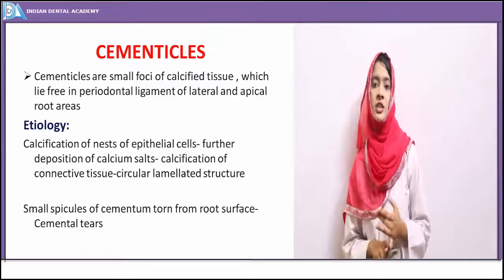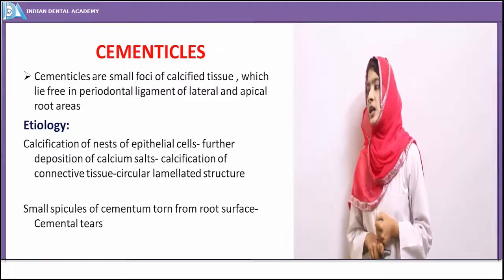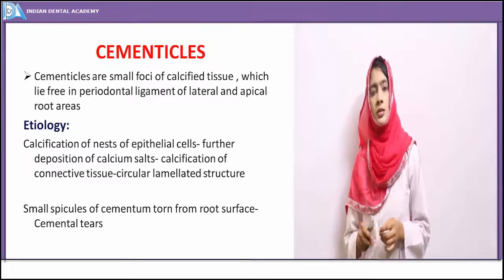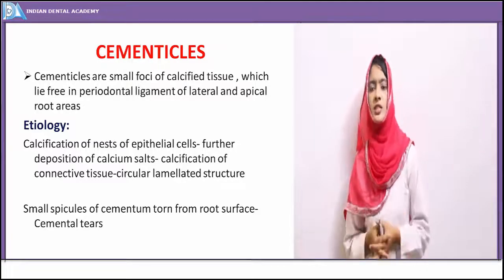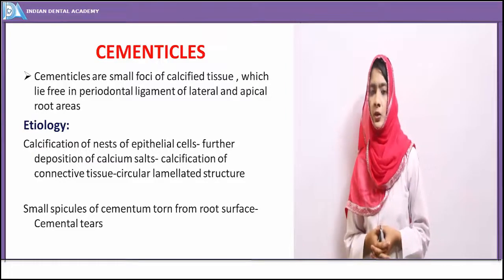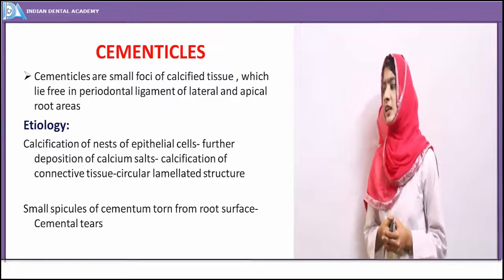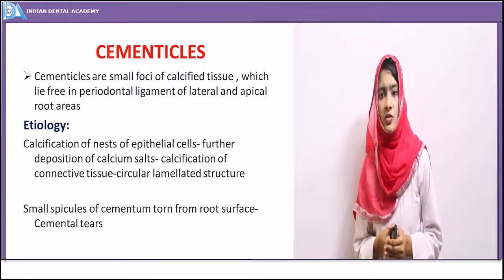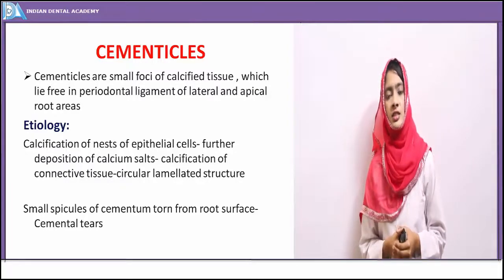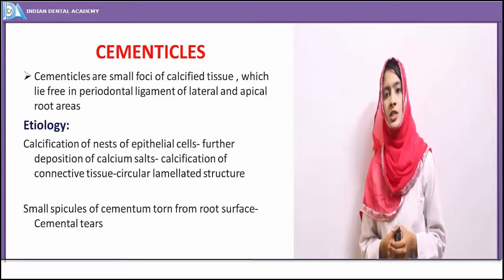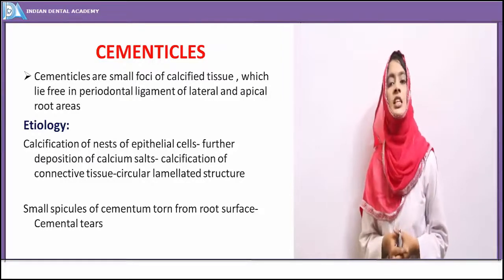So one etiology is calcification of nests of epithelial cells. Sometimes the cemental lining surrounding the periodontal ligament breaks off from the root surface. That cementum, torn from the root surface, is seen as deposits in the periodontal area, which are the cemental tears.